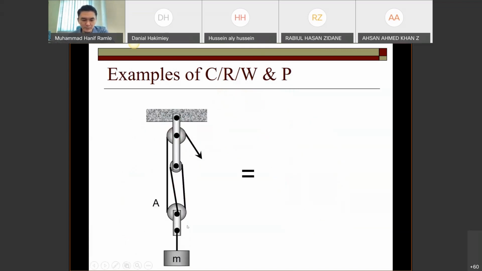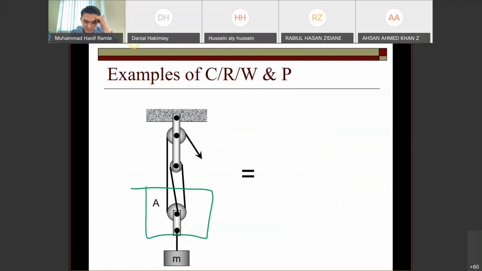Next one, third example. Maybe this one is not really difficult, because you have to consider this region and draw the FBD. I believe that Dr. Aisha also showed this one. If yes, then can you tell me how many T there? 3T upward. Oh, Dr. Aisha didn't show this one.